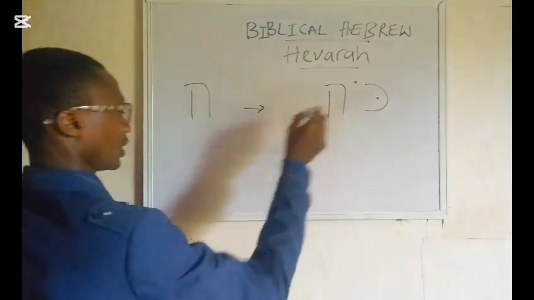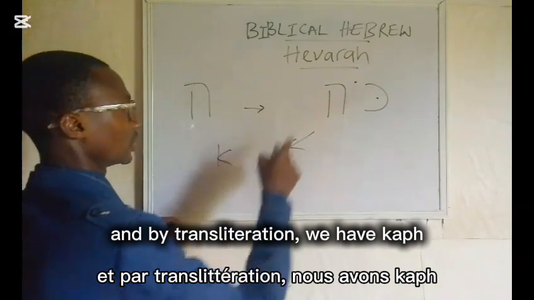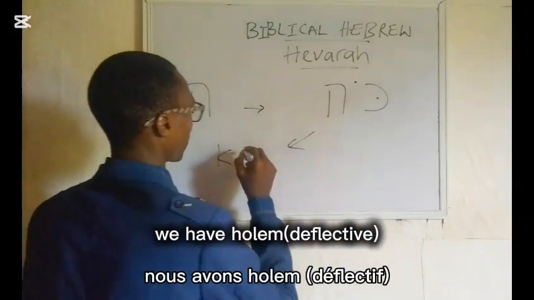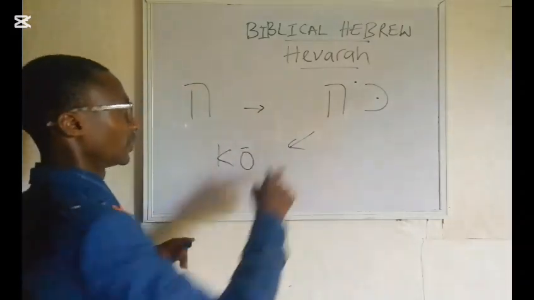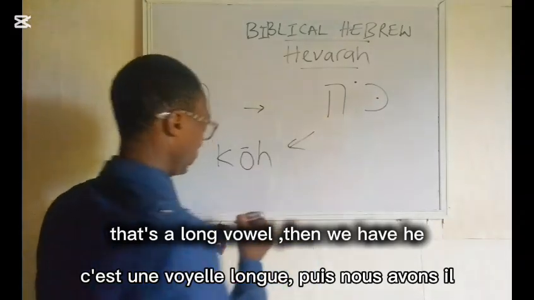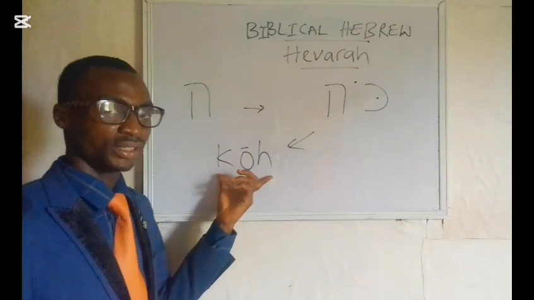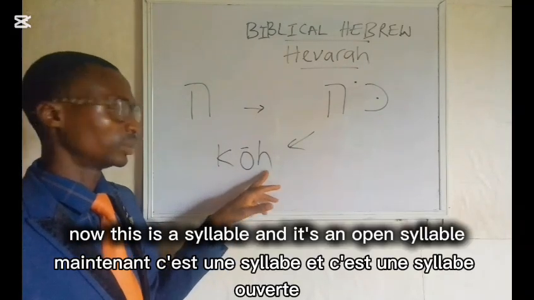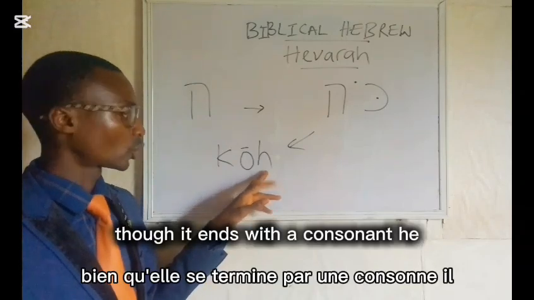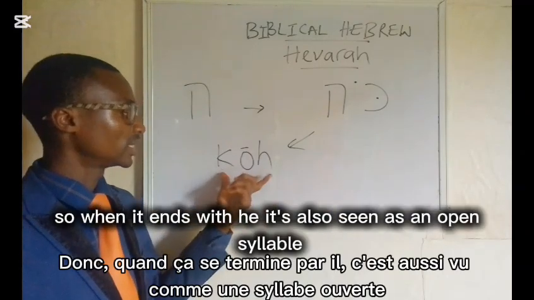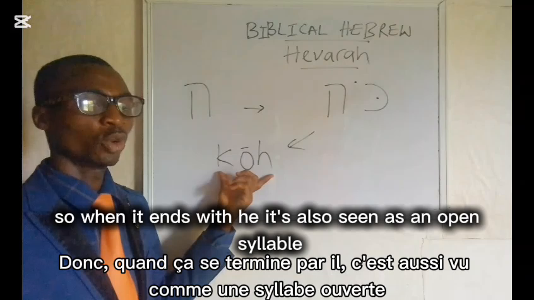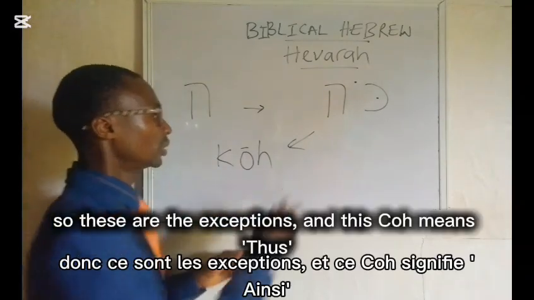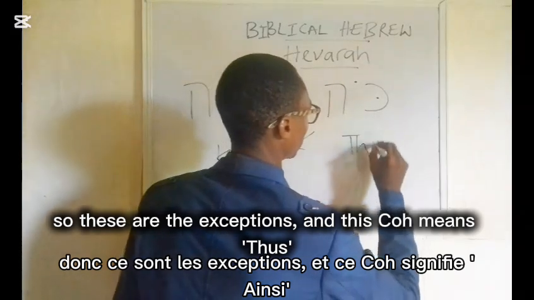By transliteration, we have kaf, holem, a long vowel, then we have he. Now this is a syllable and it's an open syllable, though it ends with a consonant, he. So when it ends with he, it's also seen as an open syllable. So these are the exceptions. And this ko means does.